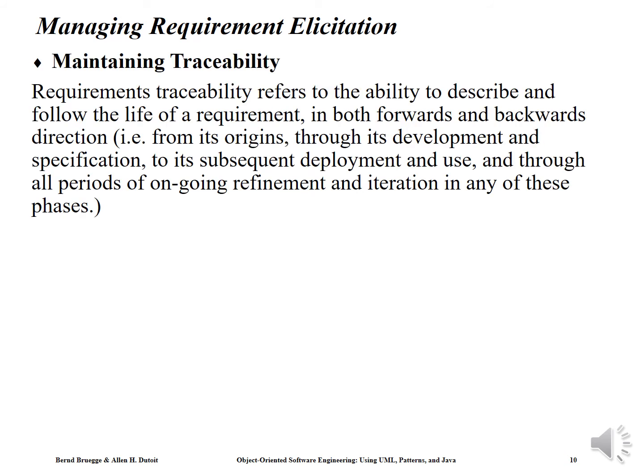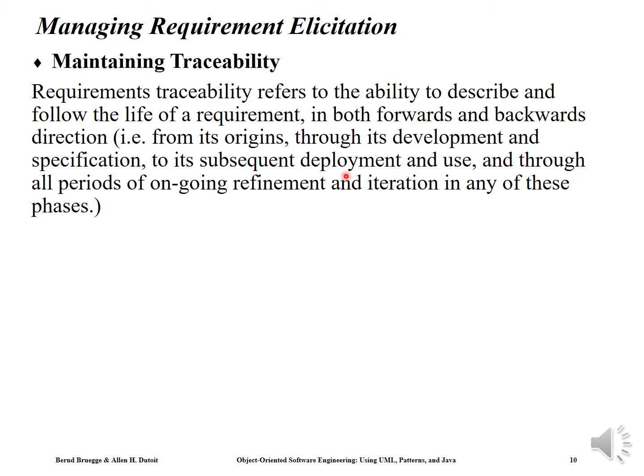So next is maintaining traceability. Traceability is the ability to follow the life of a requirement. This includes tracing where the requirement came from, meaning who initiated the requirement, and to which aspects of the system and the project it affects.